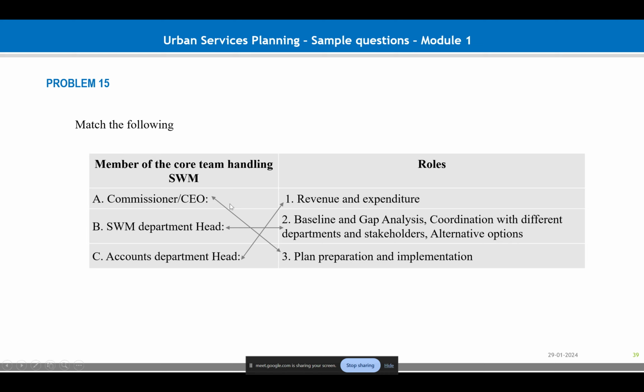So the commissioner or the chief execution officer's task is plan preparation and implementation, and the department head is in charge of gap analysis, coordination, and plan preparation in the sense of giving the ideas, alternative options, everything. The final plan preparation, making it into an implementable version and then getting it out, is the task of the CEO or commissioner.